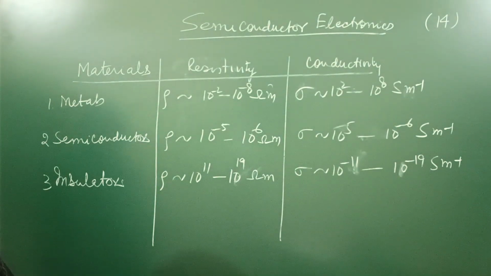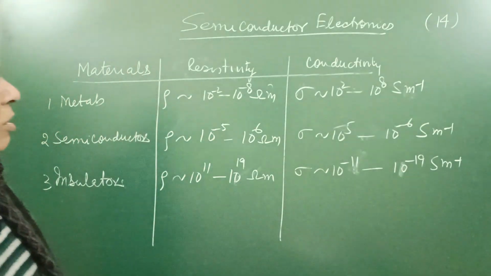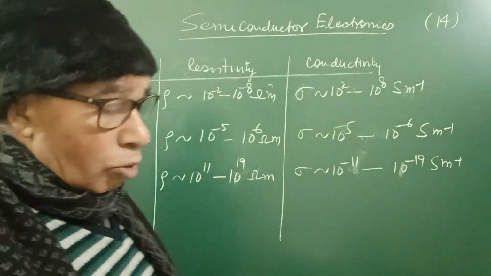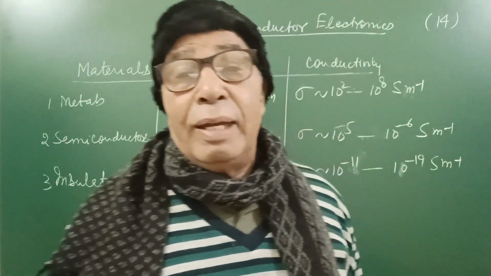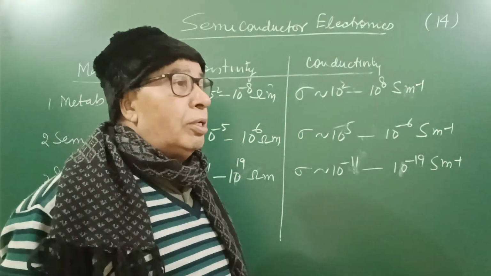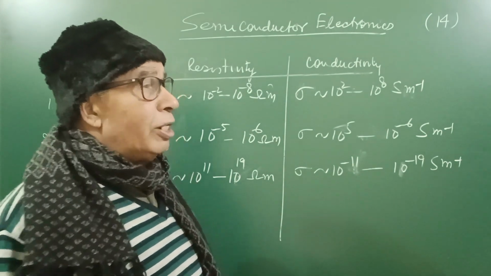So, semiconductor electronics. Actually, what is electronics? Flow of electrons in a controlled manner helps us to make so many devices. Initially, the electrons were obtained from thermionic emission, and the devices used were called vacuum diodes and triodes.